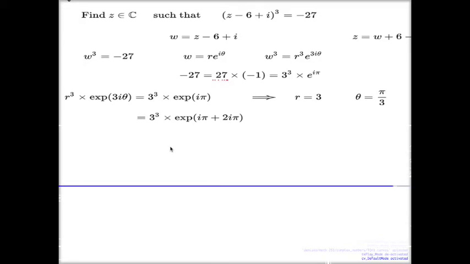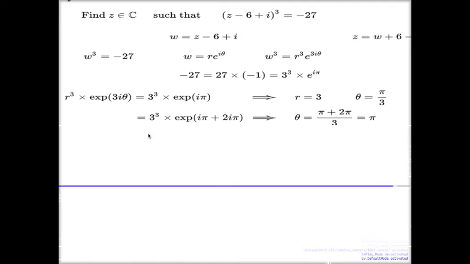When you add an extra 2 pi to the argument, it doesn't change the complex number. So rather than taking this exponential for -1, you can take this one. And when you start equating r and theta with this choice for -1, you will come up with a different solution. r will be the same, but theta will be different.